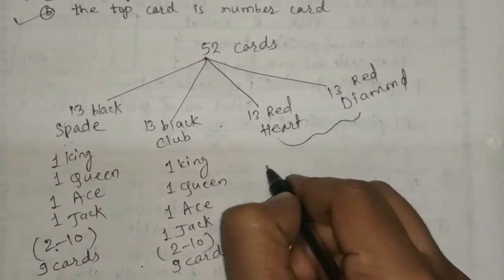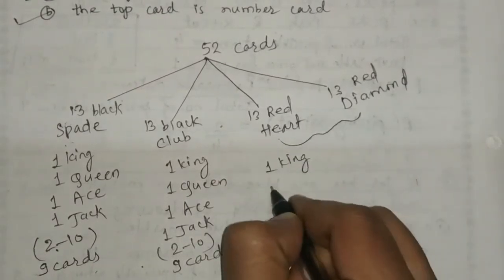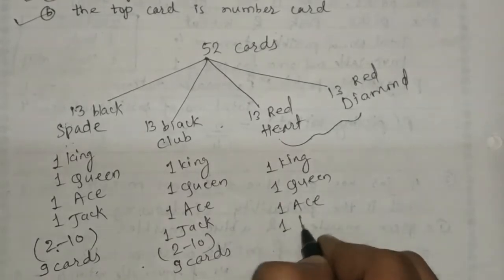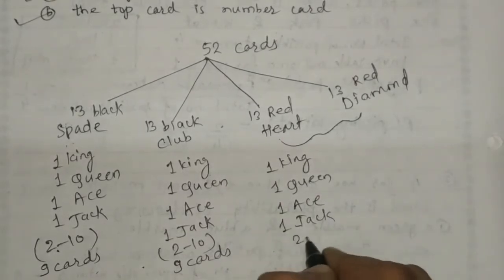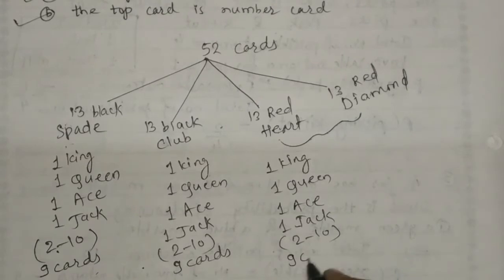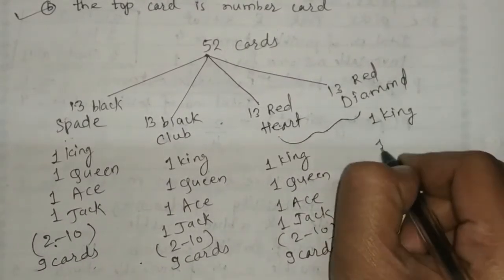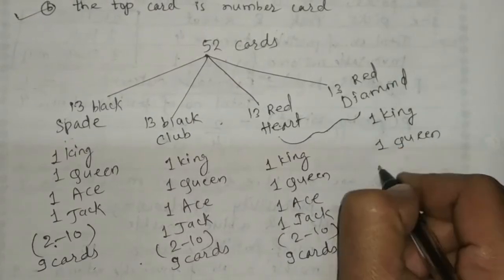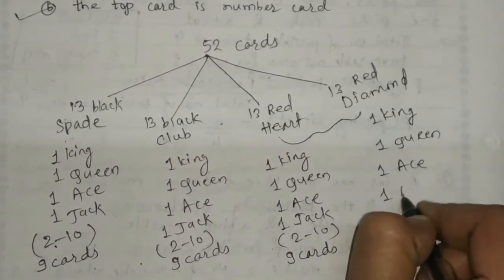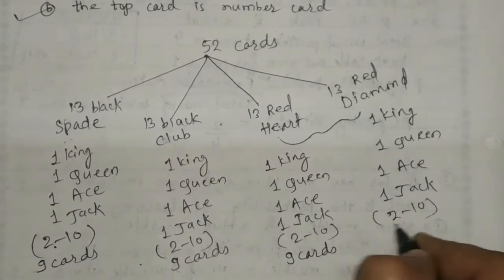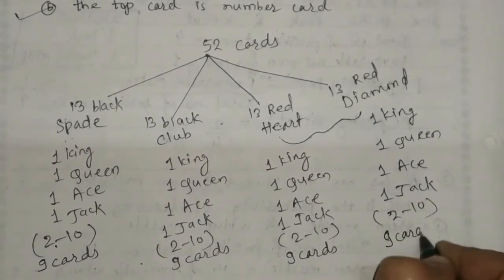The same description is there in the next suit too: 1 king, 1 queen, 1 ace, 1 jack, and 2 to 10, 9 cards. Here also the same.